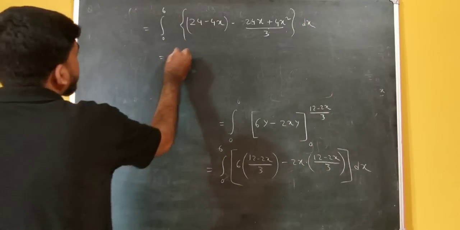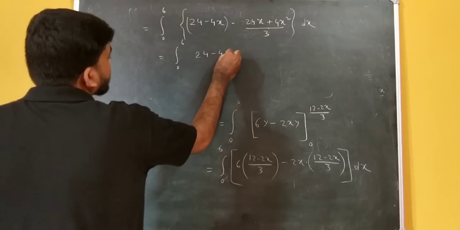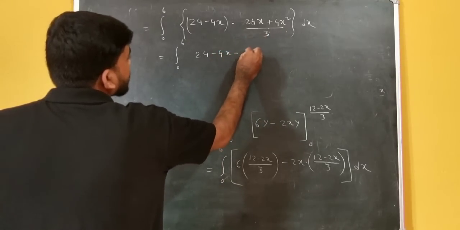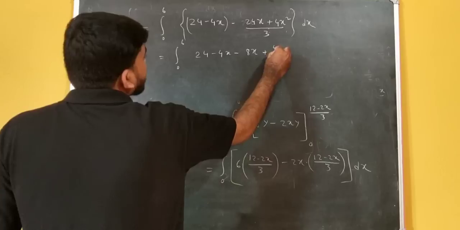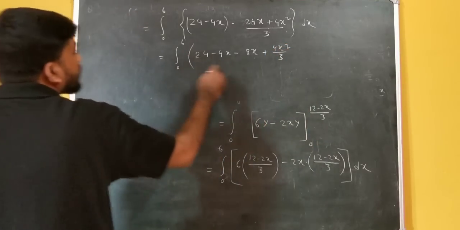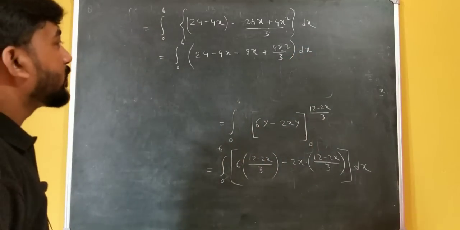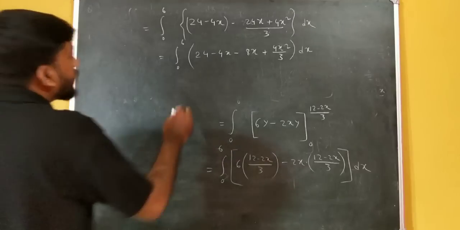So you will get just integration 0 to 6, it will be 24 minus 4x, minus 8x, plus 4 by 3 x square, or you can write it 4x square by 3, into dx. Okay, now you can again modify this.